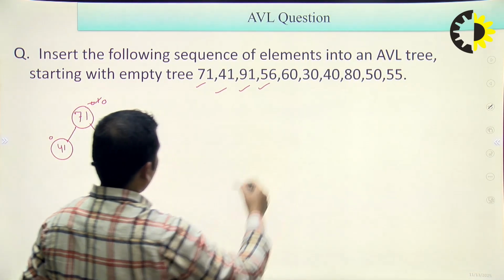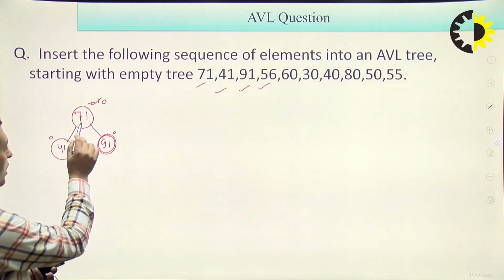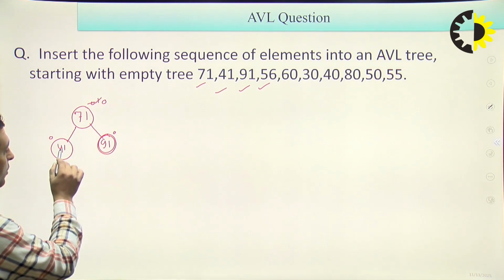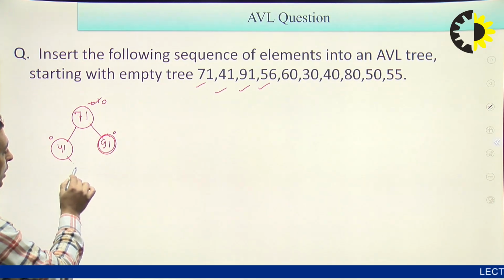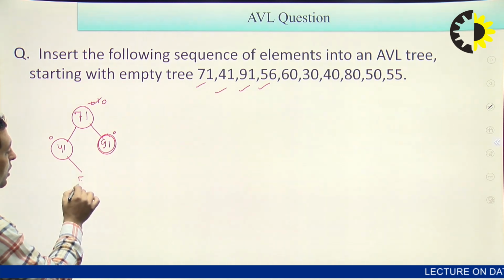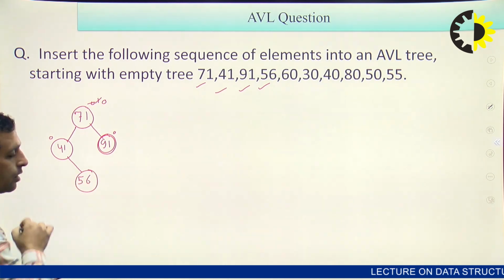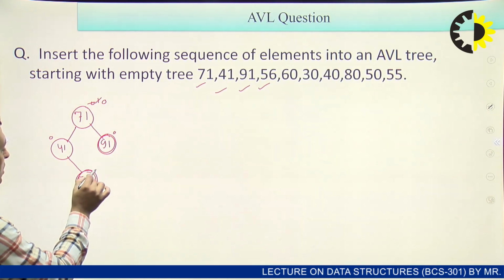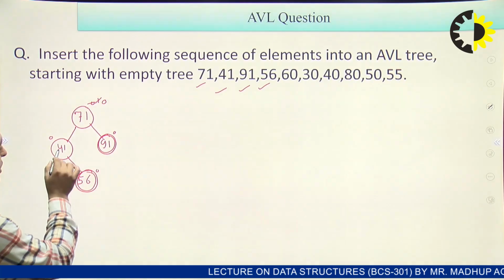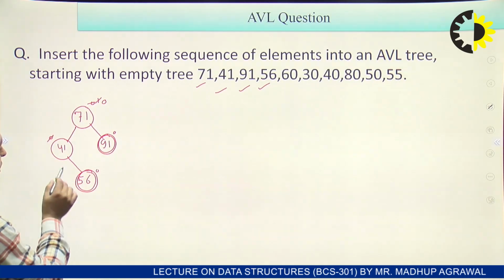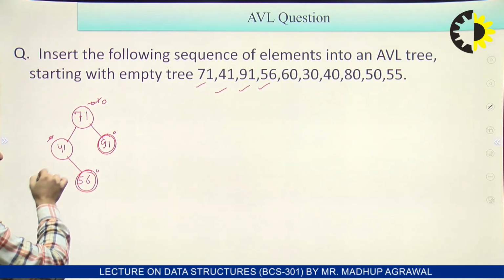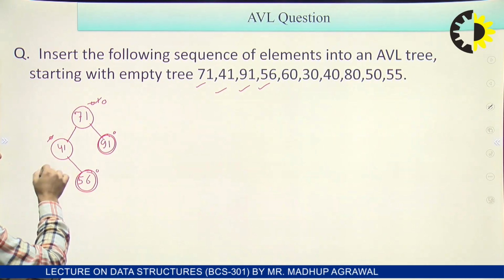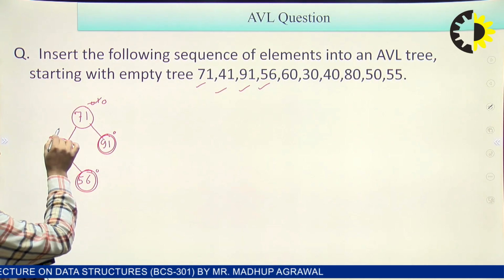Now insert 56. 56 is less than 71, come here, and greater than 41. So 56 will attach here. Now calculate the balance factor. The balance factor of 56 is 0. The parent of 56 is 41, so the balance factor of 41 is height of left minus right, 0 minus 1, that is minus 1.